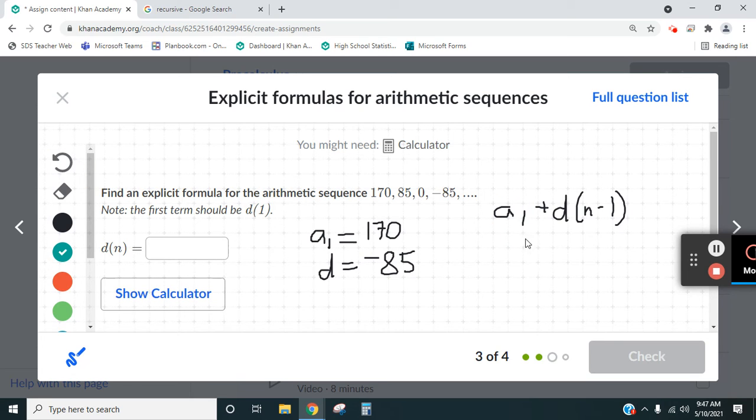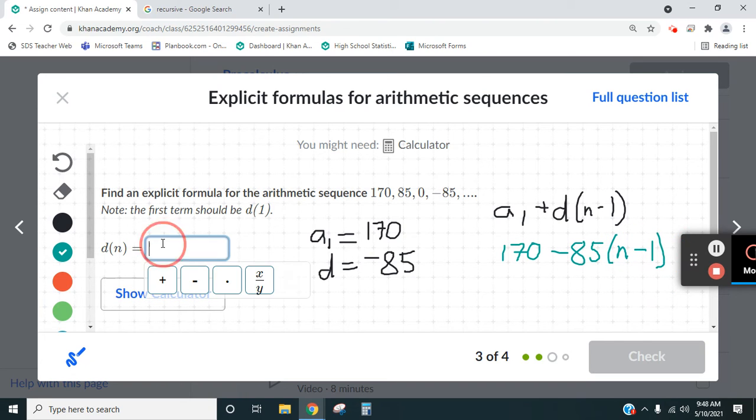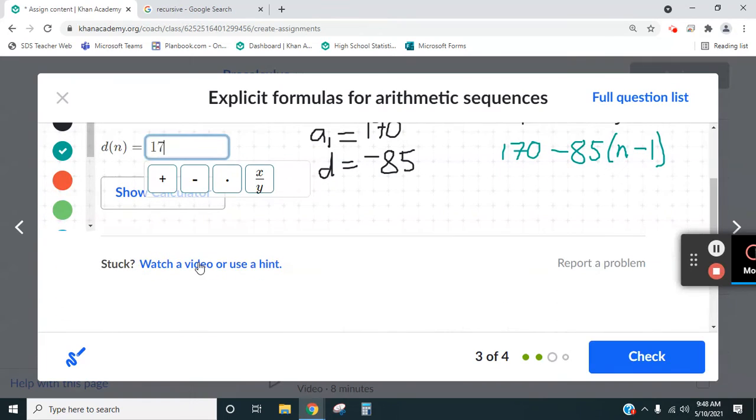Now, our formula would look like this on this particular question. Since it's -85, I'm just going to say minus. And I'm going to write it like that. And that's all. Now, if you wanted to, you could distribute the 85 to the n and to the -1 and come up with a new formula.